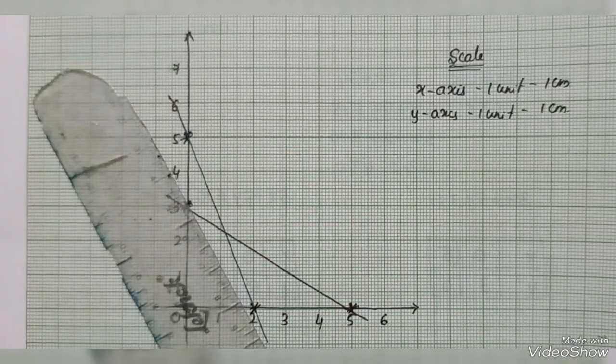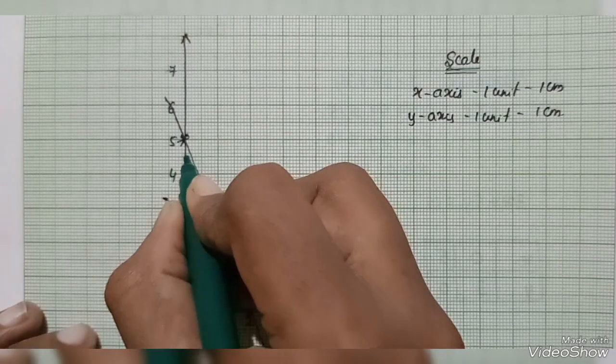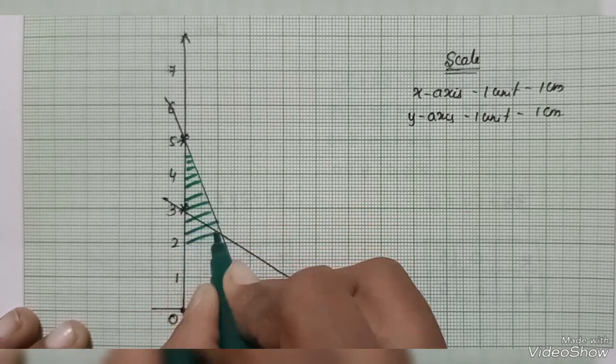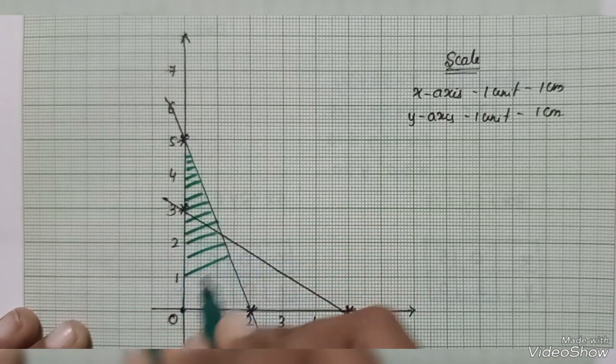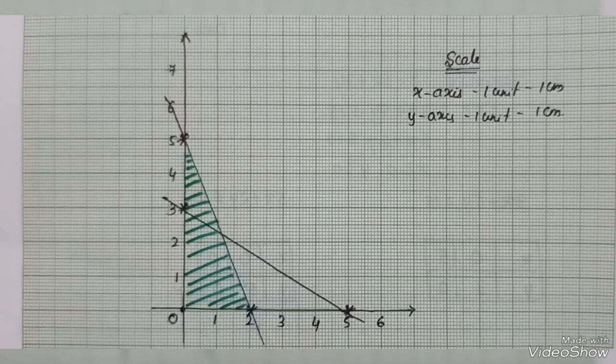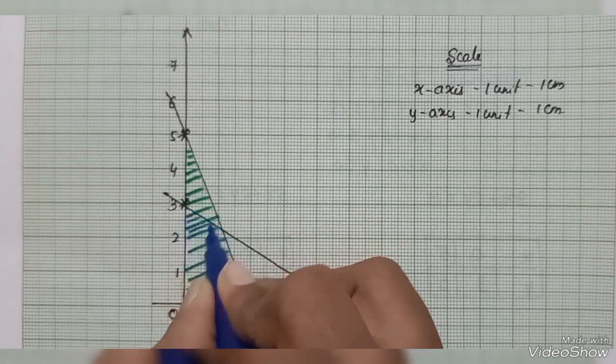Okay, the common region for both is the common region. This is the common region of the first one. Okay, I am taking the common region for the second one.